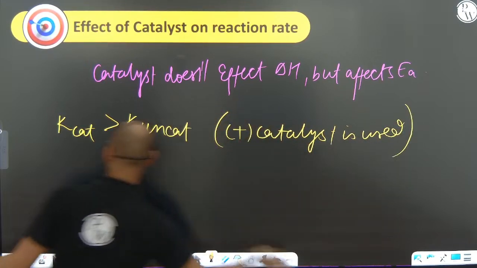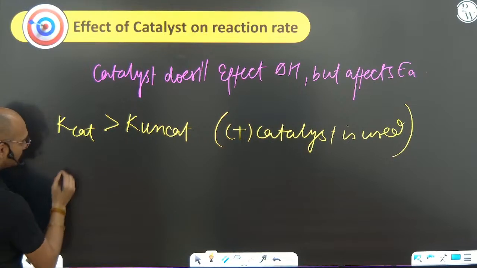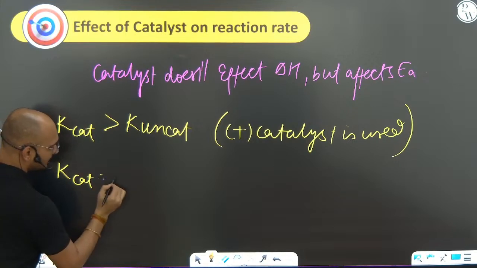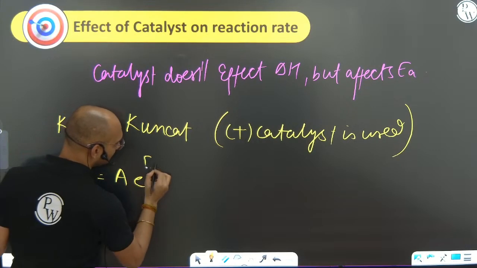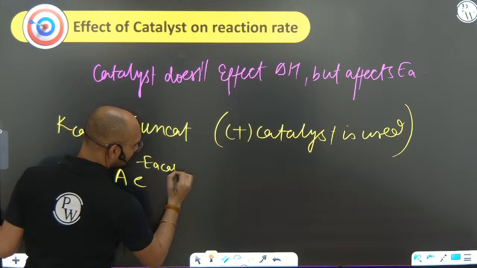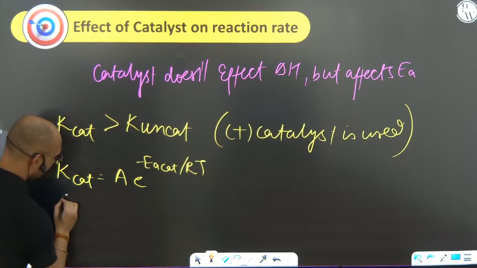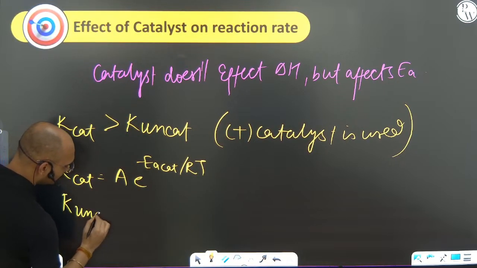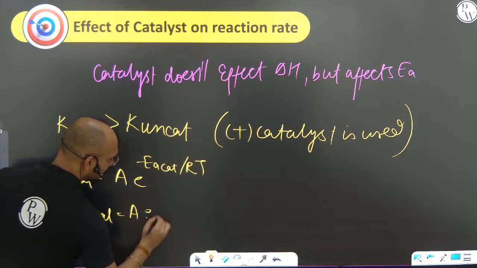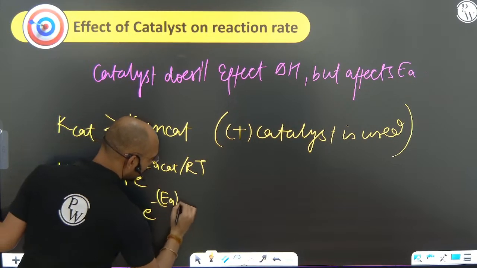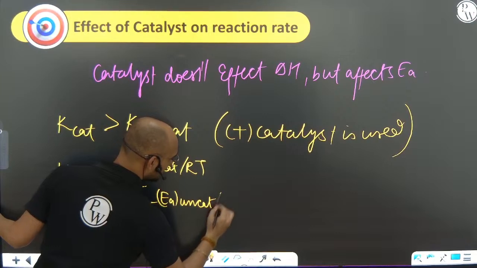But how can the equation be written? From the Arrhenius equation I am using, K catalyzed equals A e to the power minus EA catalyzed by RT, and K uncatalyzed equals A e to the power minus EA uncatalyzed by RT.